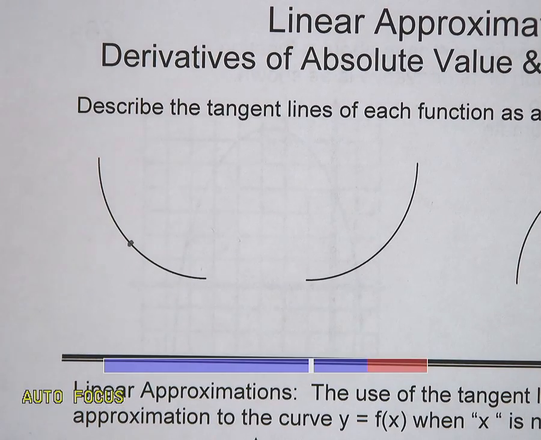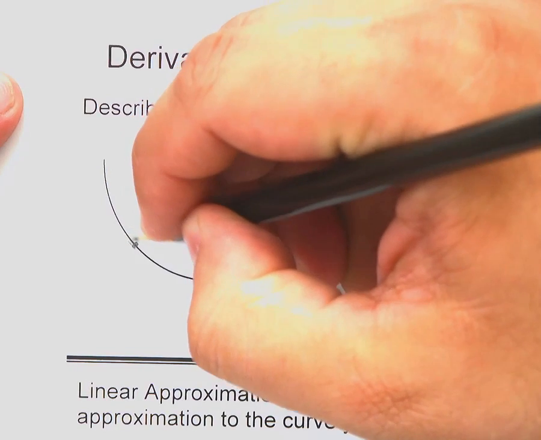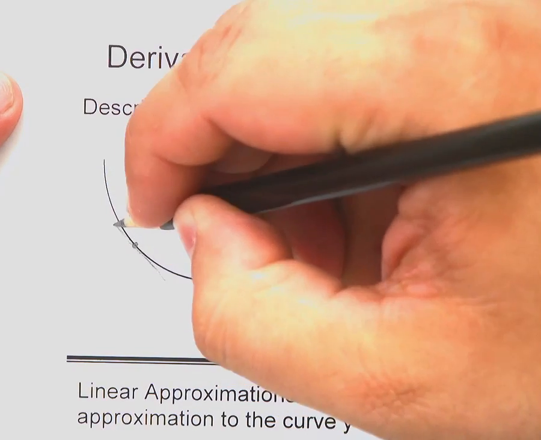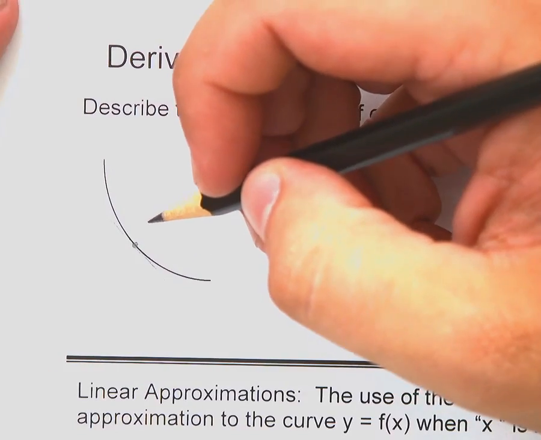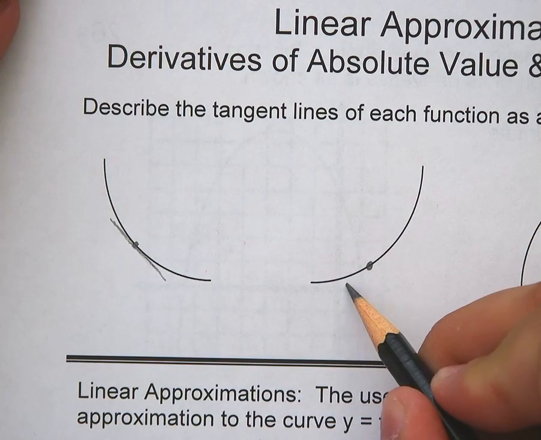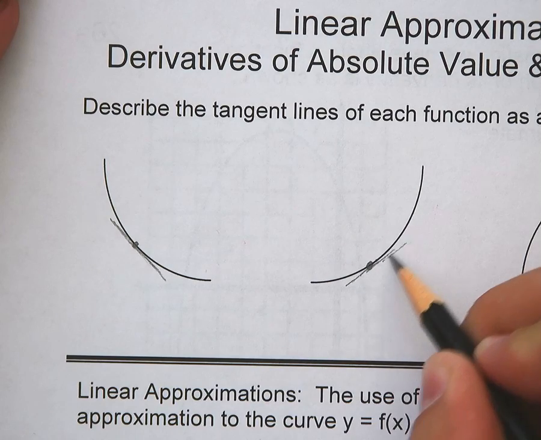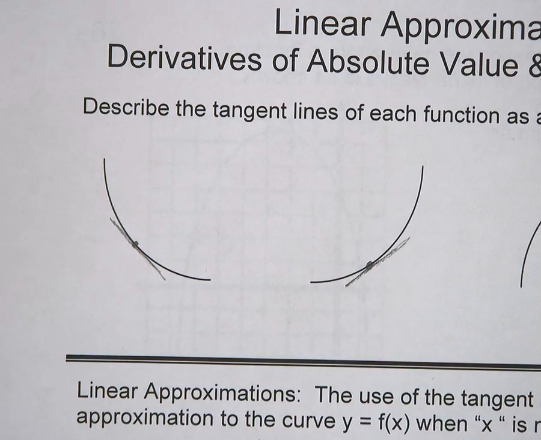Say you had a tangent line at this point, so it would look roughly like this. If you have a tangent line on the underside of a curve like this, these tangent lines are below your curve.